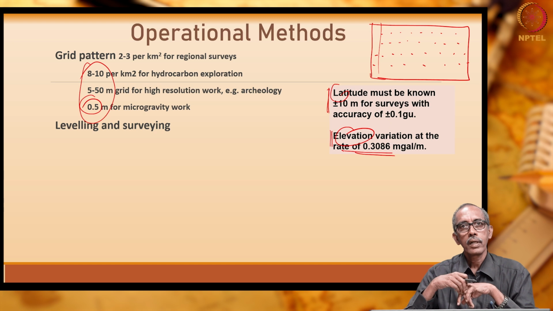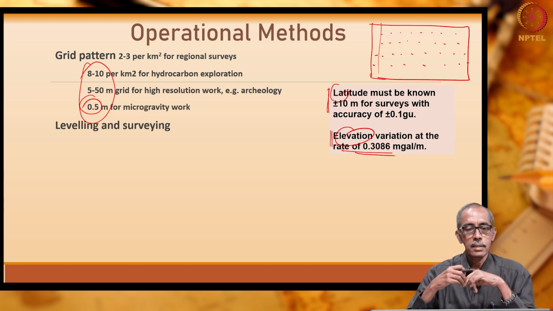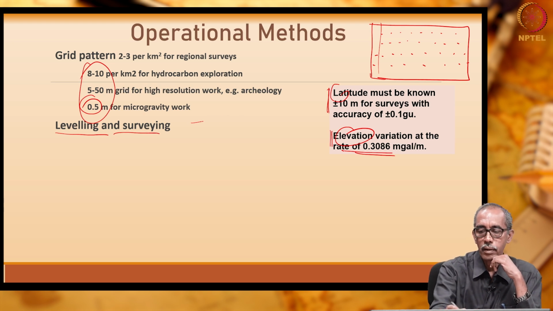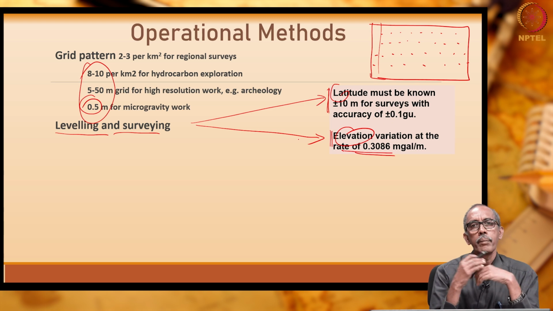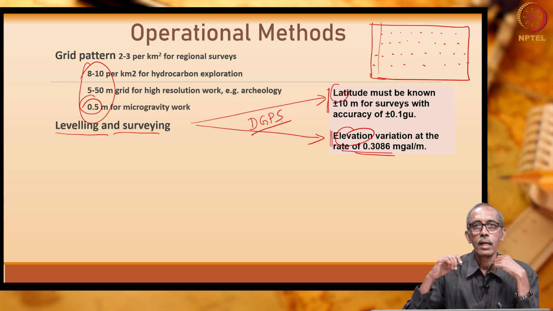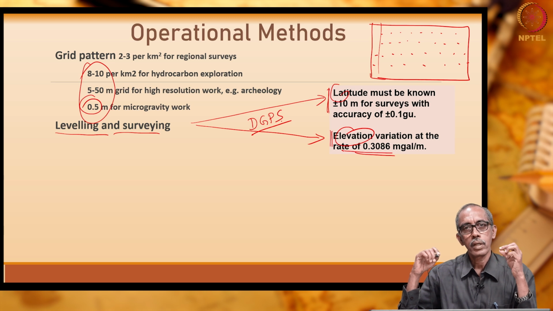And after deciding the distances, next is carrying out the leveling and surveying, that is determining the latitude and elevation. As I have been telling you today, it is very easy with the advent of the differential global positioning system. We are able to get the accuracy in a few centimeters, right.